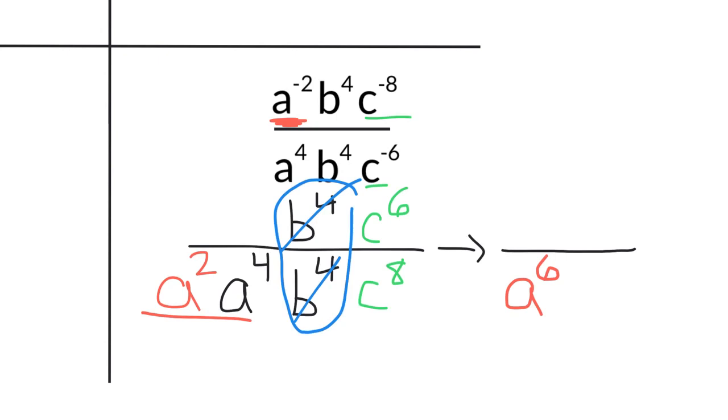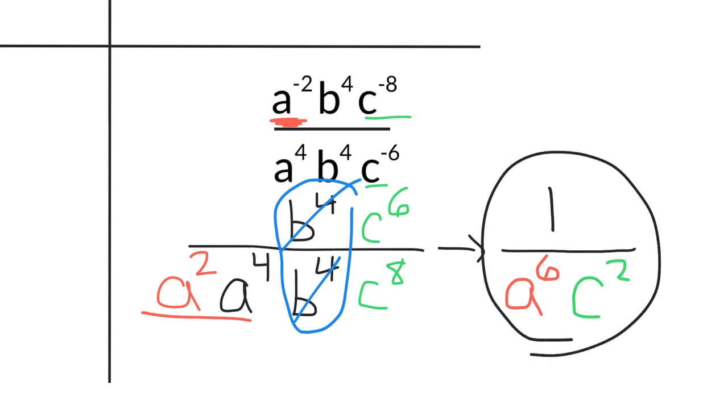Lastly, I have c to the 6 over c to the 8. I have 2 more on the bottom, so if I cancel out 6, I'll be left with c squared. And when there's nothing else left on the top of the fraction, the numerator, we can't just leave that blank, so I'll just put a 1 there. So this would simplify to 1 over a to the 6 times c squared.